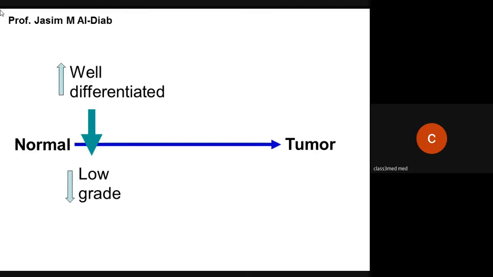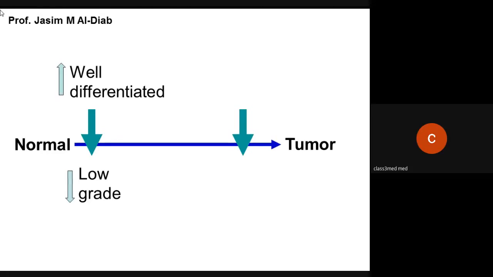So I think it is clear that when the tumor is similar to the normal, it is well differentiated and the grade is low grade. While when the tumor is on this side, it is away from the normal, okay? So the degree of differentiation is poor, not high.